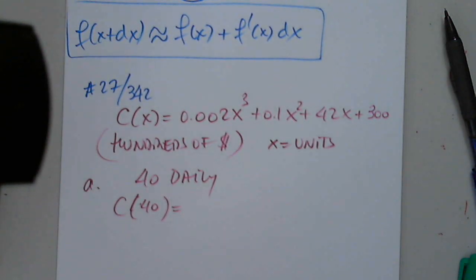And yes, you can say, why are you plugging it in like that if you only have to plug in 40? It's easier for me. I may have to come back and do something else.